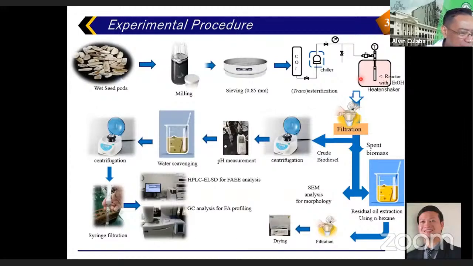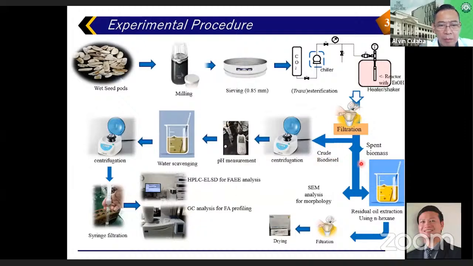After the run, the crude sample goes to downstream processing, which includes centrifugation, pH measurement, water scavenging, and filtration. The purified samples were analyzed in HPLC-ELSD for fatty acid ethyl ester analysis, and prior fatty acid profiling was done via GC analysis.